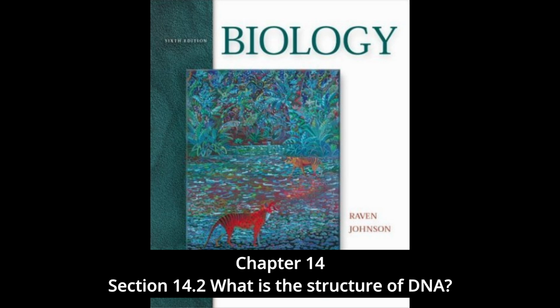Using these fibers, Franklin succeeded in obtaining crude diffraction information on natural DNA. The diffraction patterns she obtained suggested that the DNA molecule had the shape of a helix, or corkscrew, with a diameter of about 2 nanometers and a complete helical turn every 3.4 nanometers, figure 14.9c.